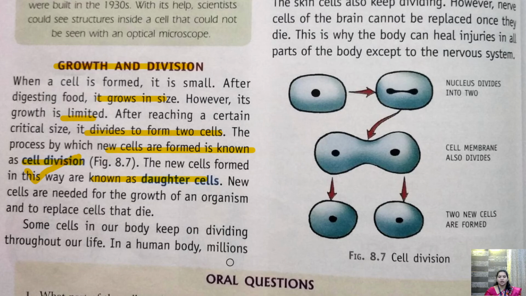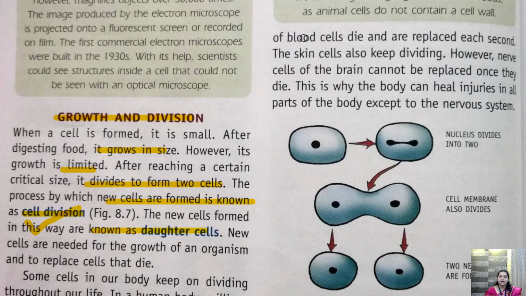In a human body, millions of blood cells die and are replaced each second. The skin cells also keep dividing. However, nerve cells of the brain cannot be replaced once they die. This is why the body can heal injuries in all parts of the body except for the nervous system.